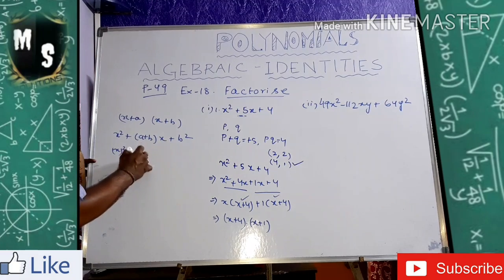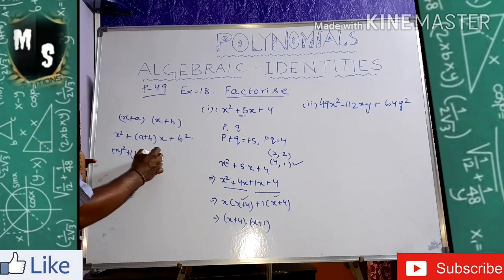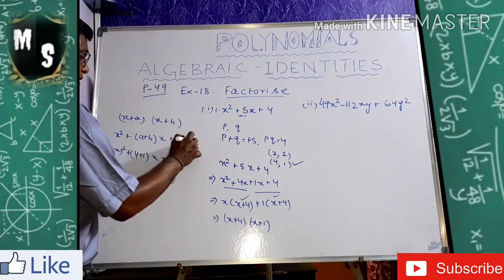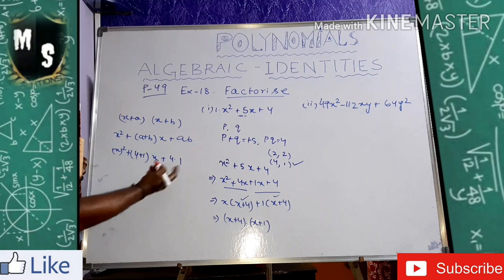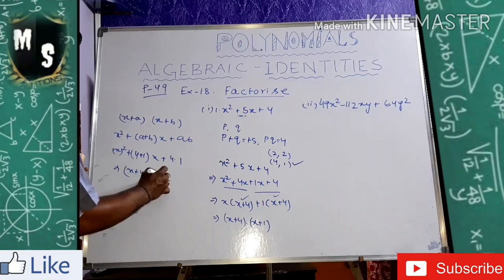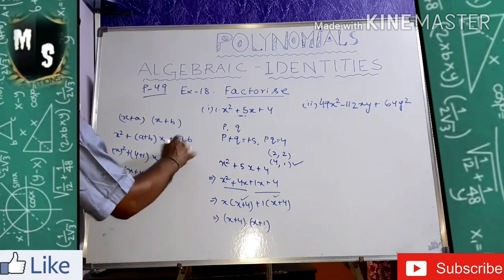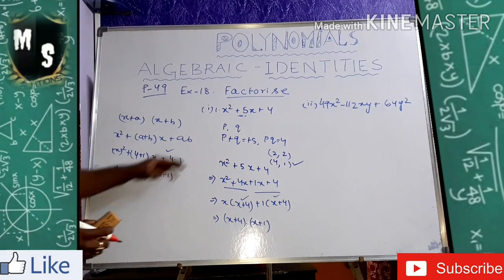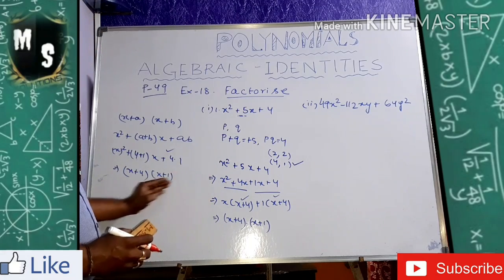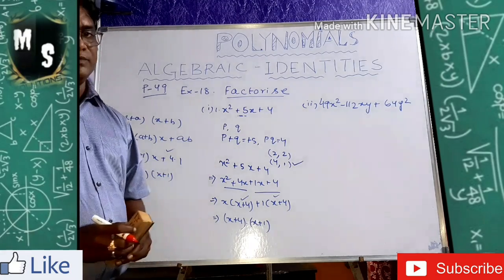So right now I can write here 4 plus 1, and it will be in ab, that is 4 into 1. Yes, it is coming. Now it is x plus a, which means 4, and x plus b, which means 1. So you can do in this procedure also. So I choose middle term split as the best method among these two. So we always choose middle term split.